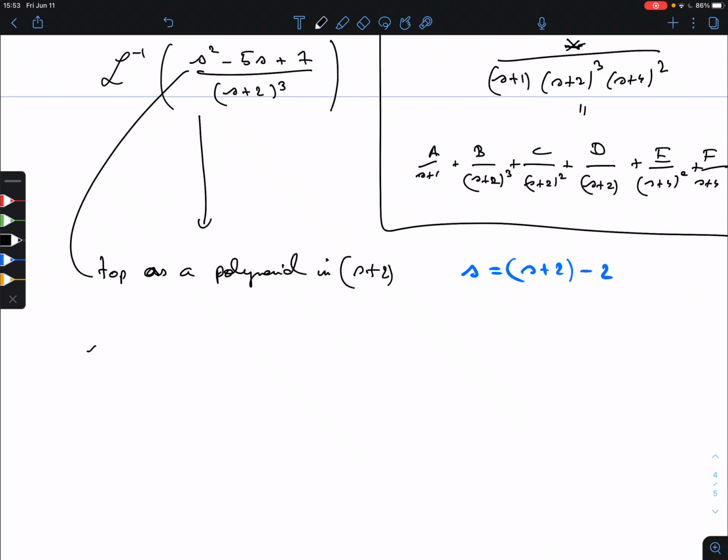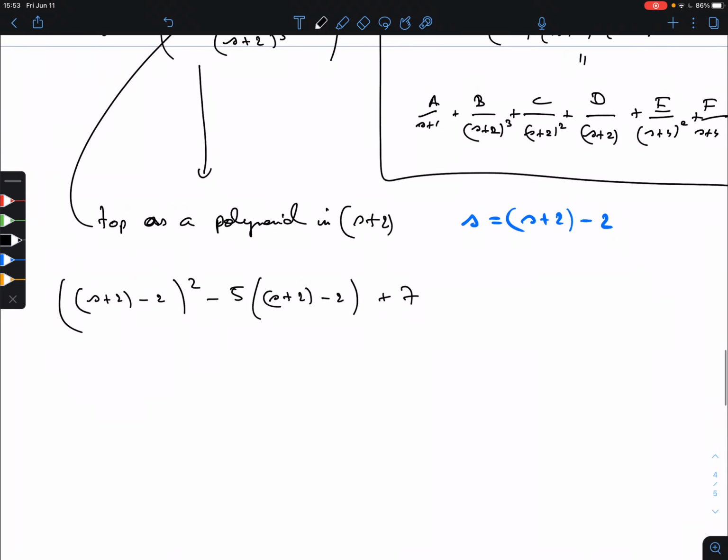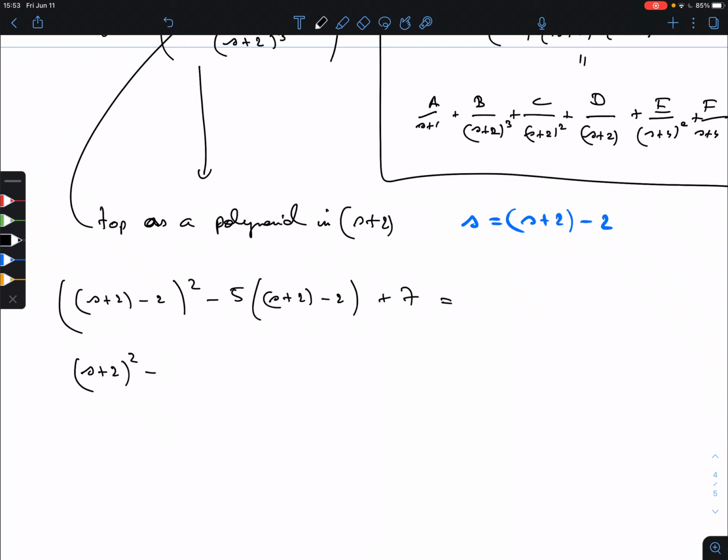So we get s plus 2 minus 2 squared minus 5 times s plus 2 minus 2 plus 7. Expand this. Remember, s plus 2 is now something that we cannot touch, we don't expand that. So s plus 2 squared, double product formula, minus 4 times s plus 2 plus 4, minus 5 times s plus 2 plus 10 plus 7.